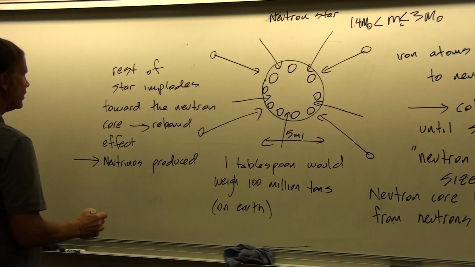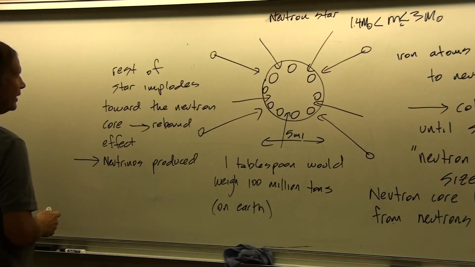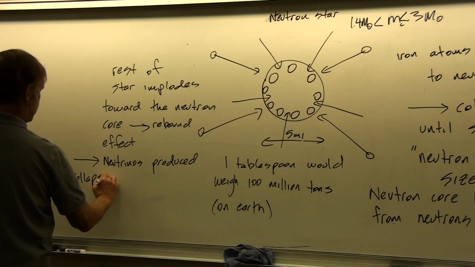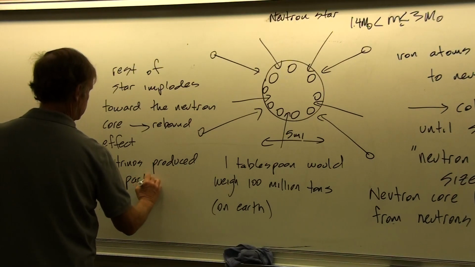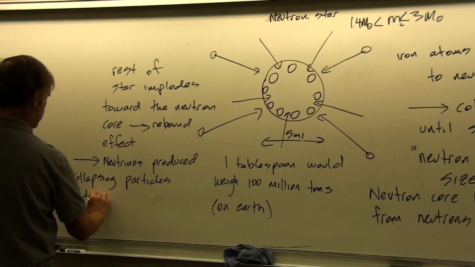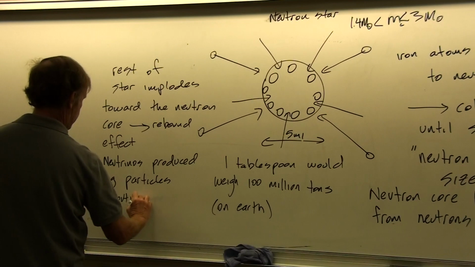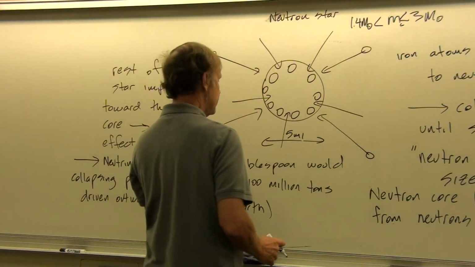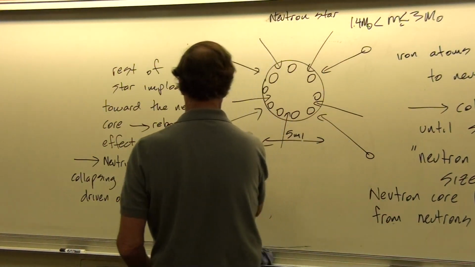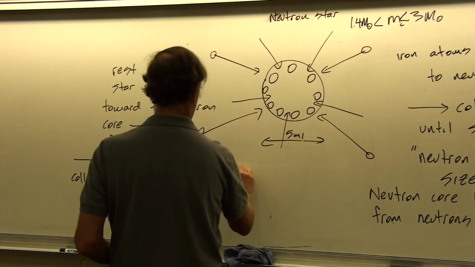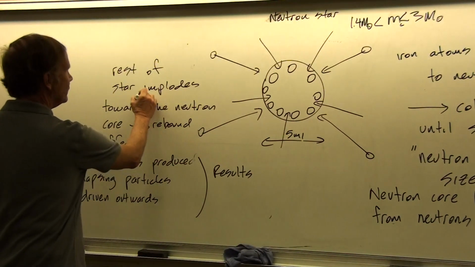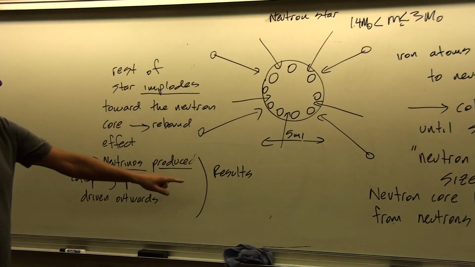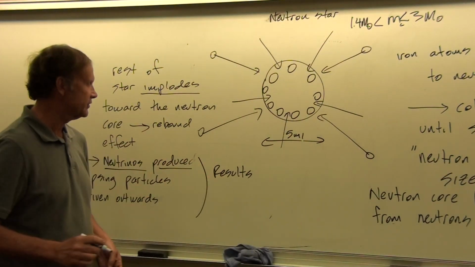And this drives the star outward so that these collapsing particles are driven outwards, and they become what we call a supernova explosion. So the implosion, upon the production of neutrinos, drives a catastrophic explosion called a supernova.